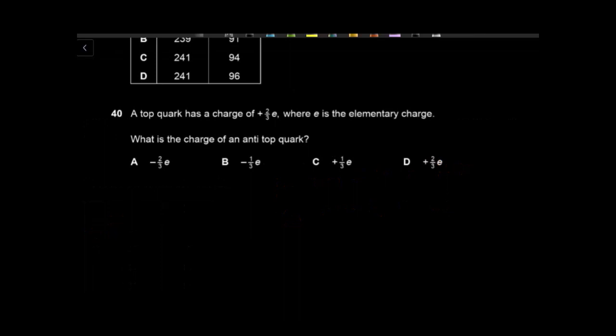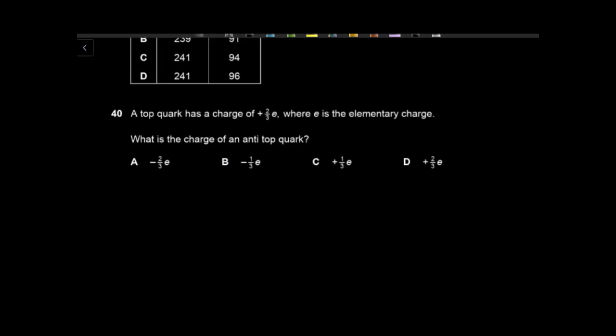A top quark has a charge of plus 2 by 3 e, where e is the elementary charge. What is the charge of the anti-top quark? We know that a quark is a type of elementary particle and a fundamental constituent of matter. For every quark there is a corresponding type of antiparticle known as an anti-quark, having equal charge in magnitude but opposite sign.